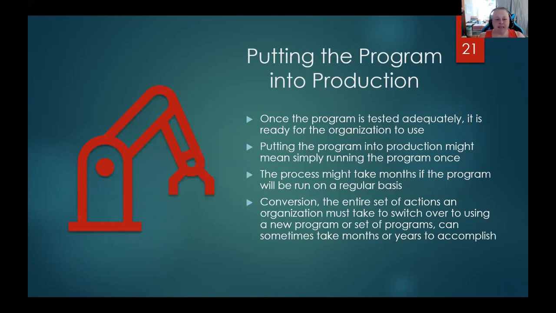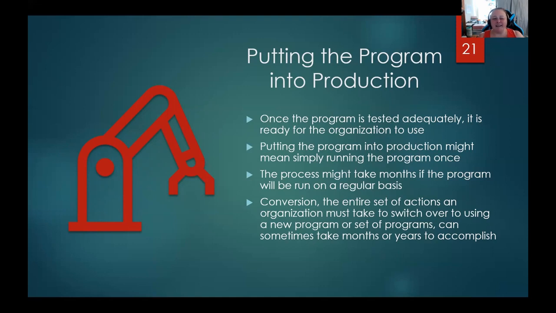After testing, we're going to put it into production. So once it's adequately tested, it's ready to use. It may be as simple as just hitting the run button and running that program once. Yay, we're done, and we've put it into production. Most of the time, though, out in industry, it's not that easy. Sometimes it may take months. It's going to be implemented on many different computers, maybe within an organization.